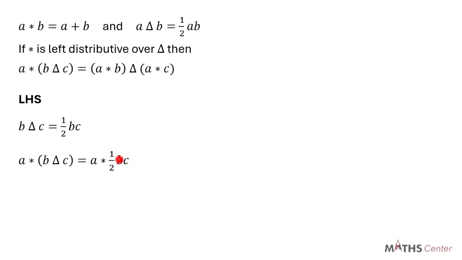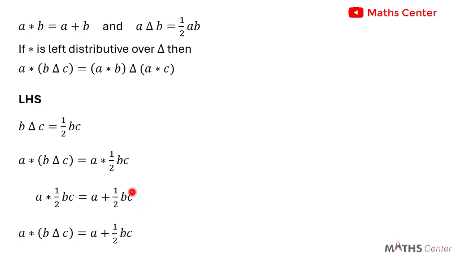We can now compute this using the definition for the binary operation star. For the binary operation star, its definition is A star B is equal to A plus B. So A star half BC will be equal to A plus half BC. So what we have on the left hand side, which is A star (B delta C), is equal to A plus half BC.